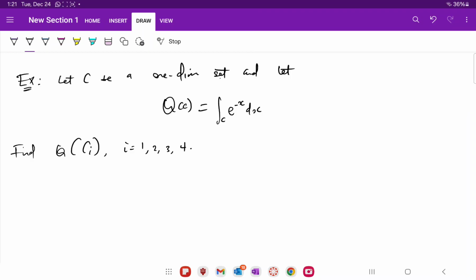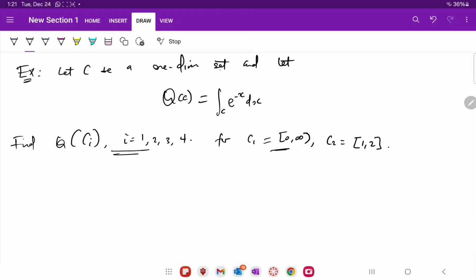This for C1 is equal to 0 to infinity. Sorry, for C2 we have 0 to 2. So you can try out this, but let's check this.